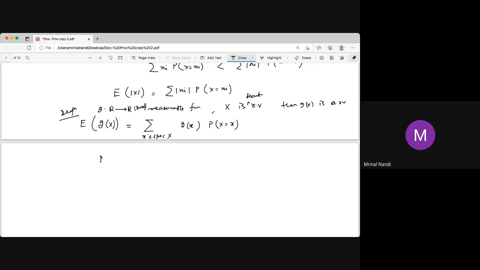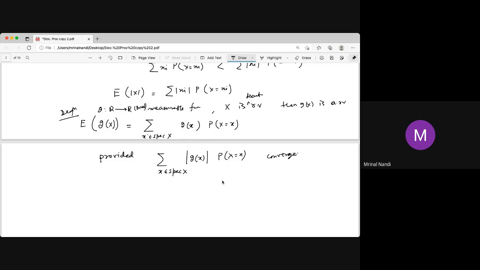But again, one more extra condition is needed: provided that the summation of mod of g(x) times probability of X equal to x converges. You need that extra condition.